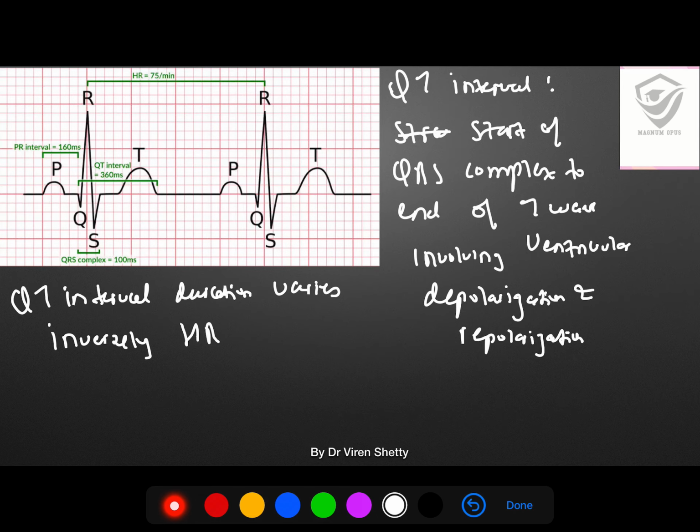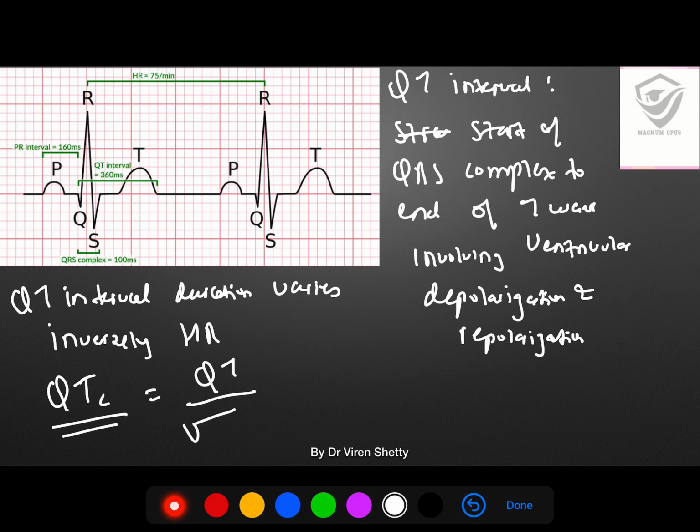Hence when you want to calculate QT interval, it is a corrected value that we calculate. So QT interval is always shown as QTc. That means it's a corrected value, and the calculation, obviously you don't have to calculate, but just know the formula.